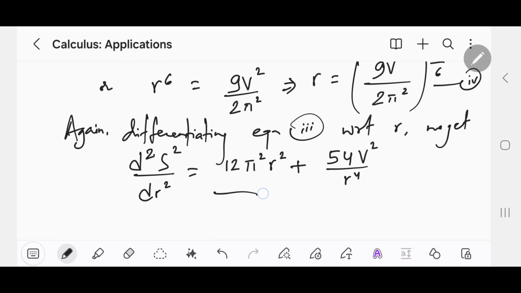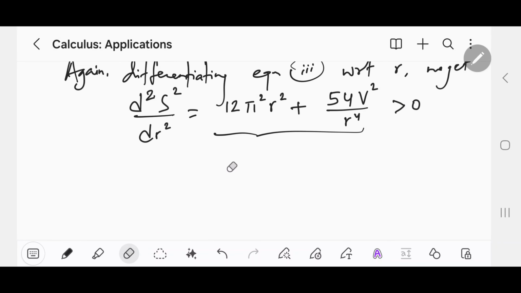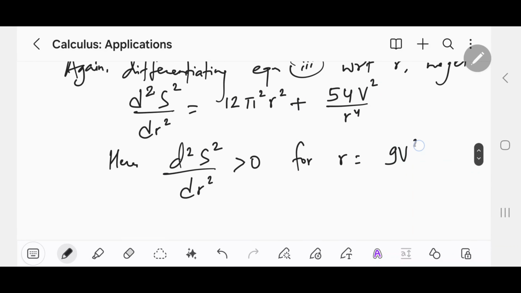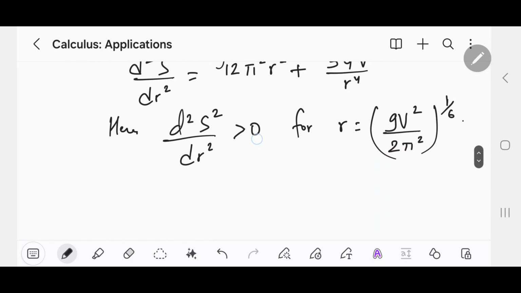If you see the RHS side, for any non-zero value of r, d square S square by dr square is always positive, right? That means d square S square by dr square is always positive for r equals (9V square by 2 pi square) power 1 by 6.